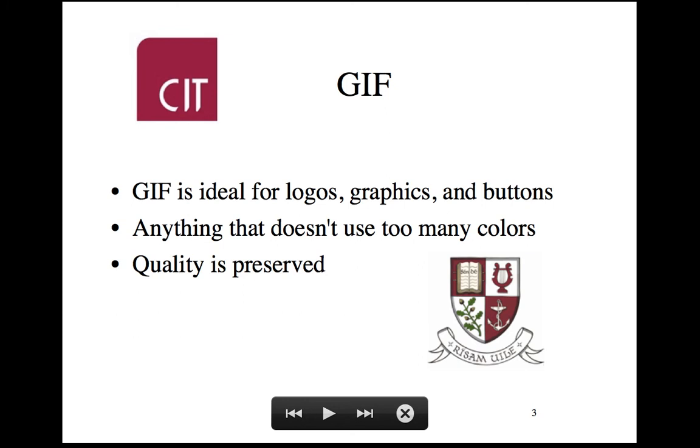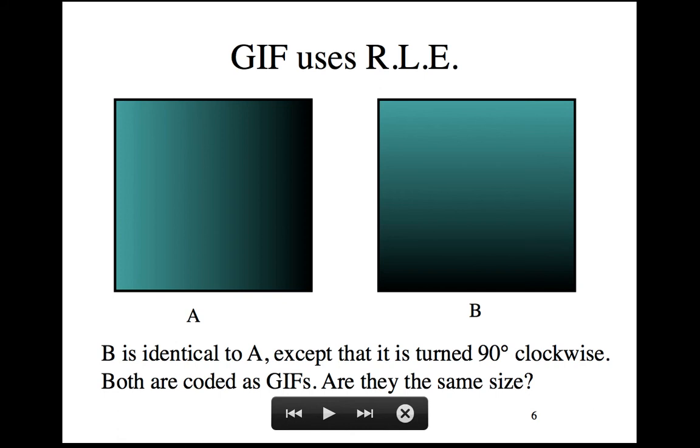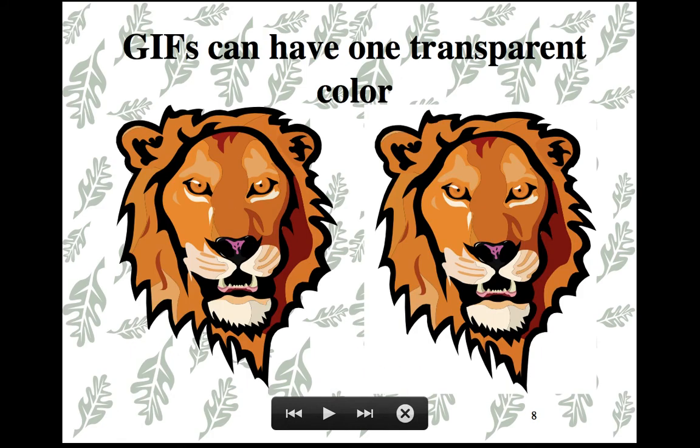Logo, no problem. So there may be scenarios where GIF is actually the best choice. It's tempting to think that something shiny and modern and new like JPEG is always the best choice, but for certain things, GIF is a better choice. Okay? Doesn't actually use run-length encoding.